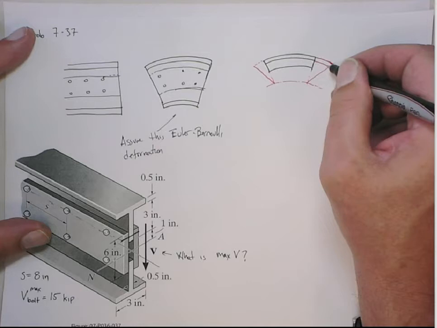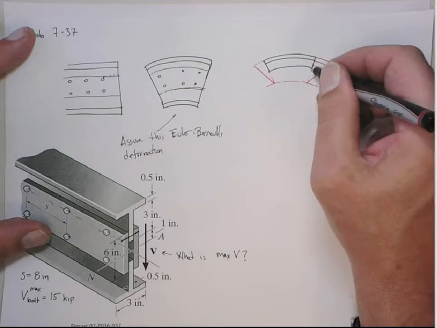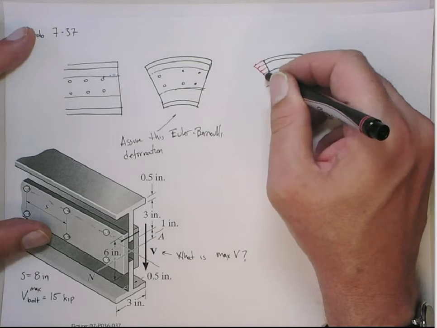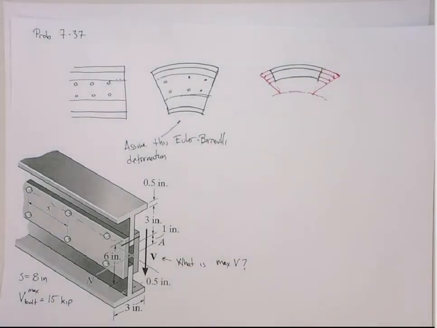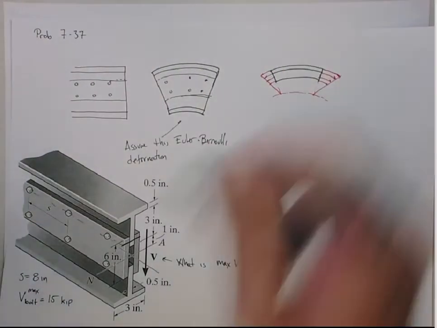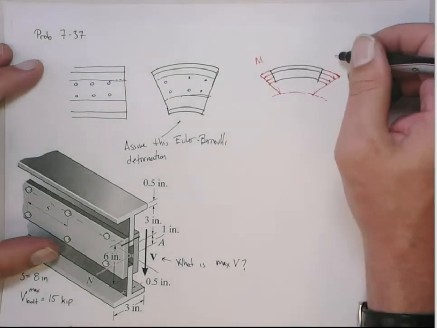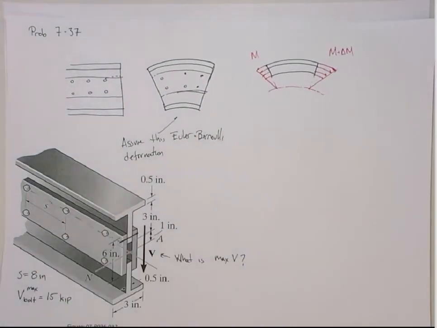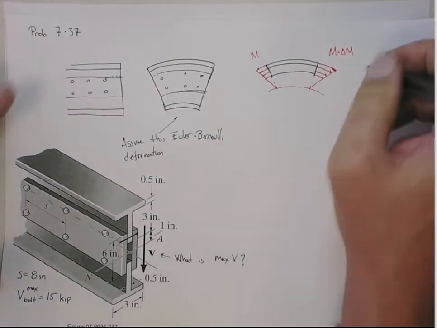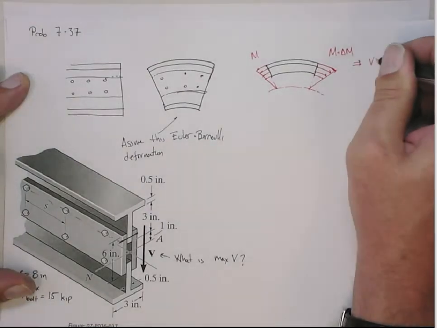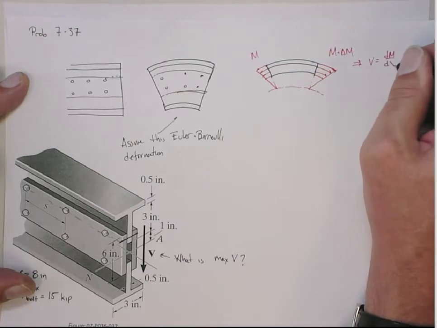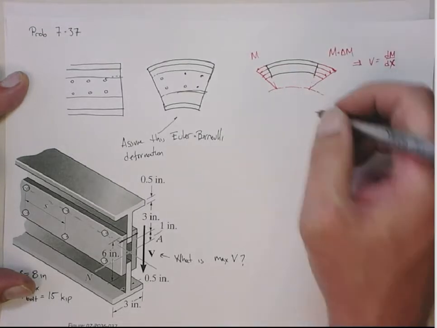So if you look at the force distribution on this right side, versus the force distribution on the left side. Correct? On this point, we have some M, and then we have an M that's a little greater, right? That's what gives us the V, right? Because the V, remember, is the derivative of M with respect to x, right?